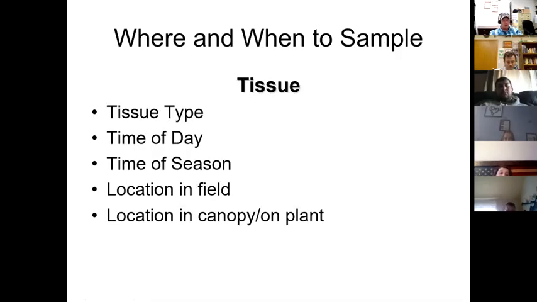Okay, tissue sampling. Now, this is something that's a little bit finicky. For me, when I go out and tissue sample, especially on the stuff that I do every week, I will go out and I'll sample in the same place in the field. I'll do it at the same time of day. And I try to be really consistent in that sampling.